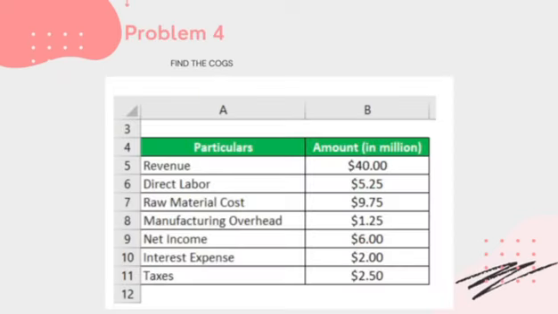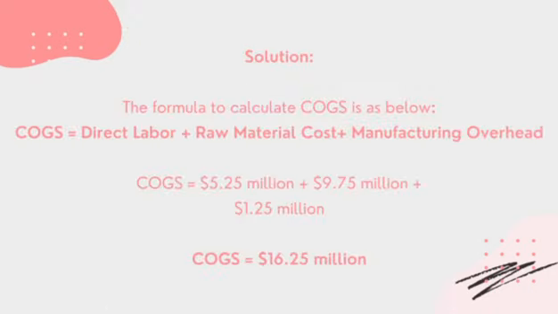We are now in problem number 4, wherein we have to find the cost of goods sold, or what we so-called COGS. Here in the picture, we have particulars and also the amount in million. Under particulars, we have revenue, direct labor, raw material cost, manufacturing overhead, net income, interest expense, and the taxes.